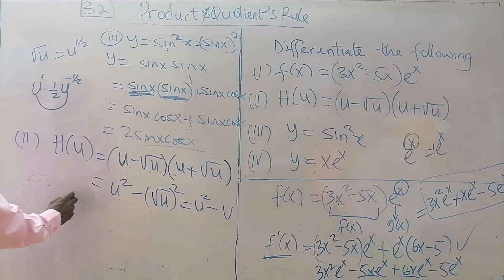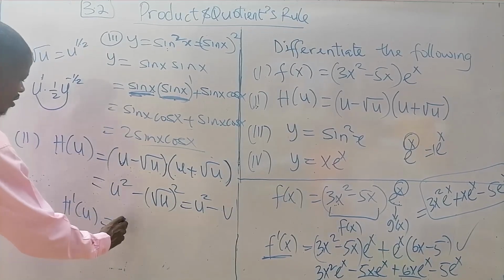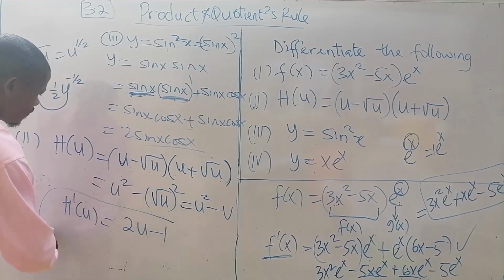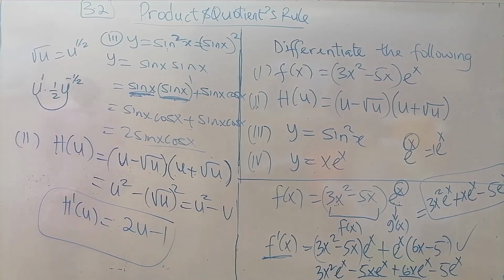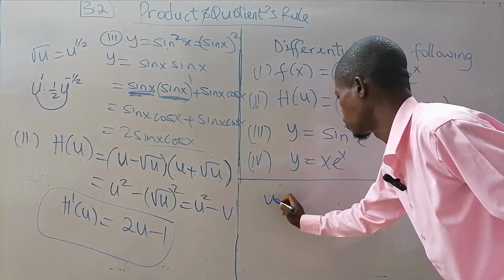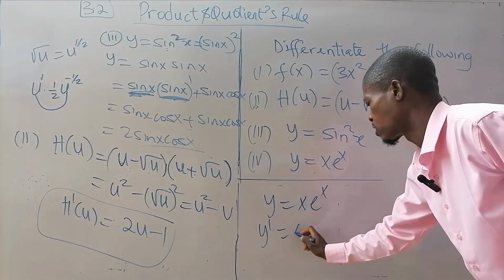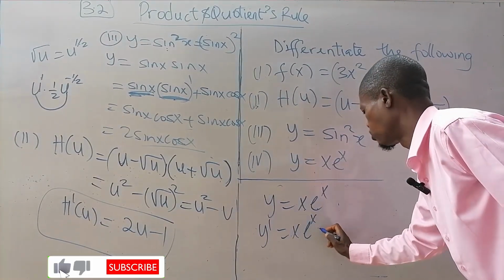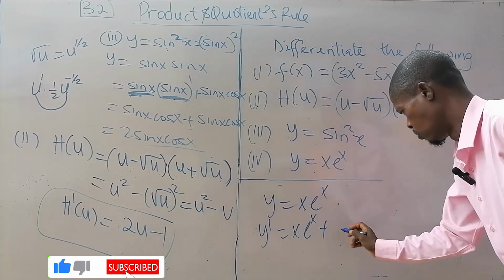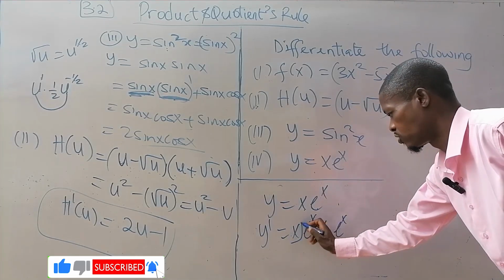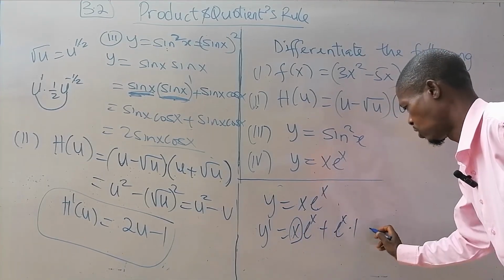So if you differentiate that as a function of u, it's going to give you 2u minus 1. So it's faster in this case. This last one here, your differential coefficient will be equal to, keep this one constant, differentiate this one, then plus, keep this one constant and differentiate your x function. That's 1.